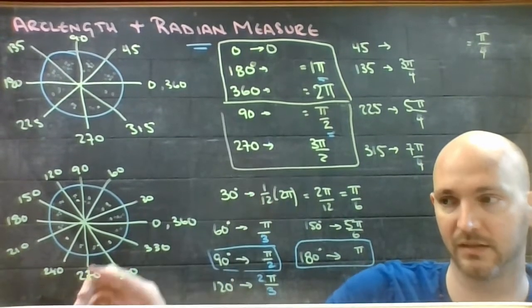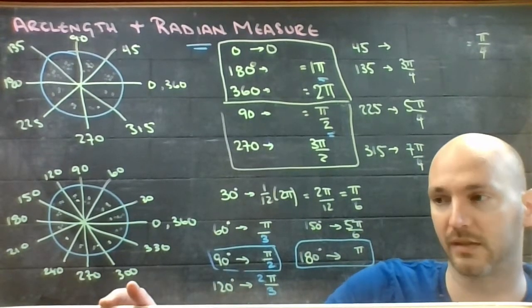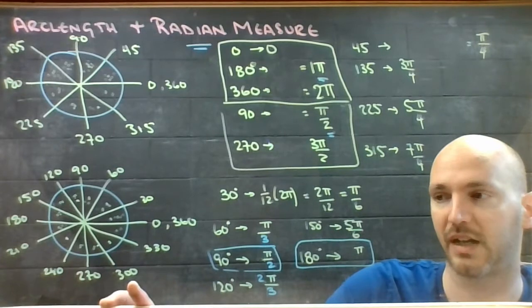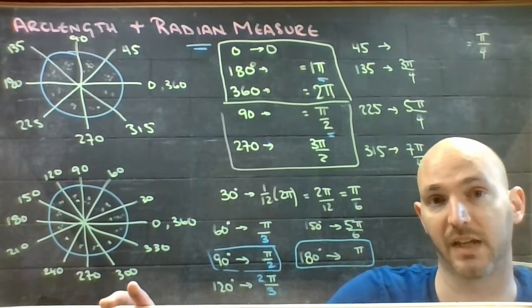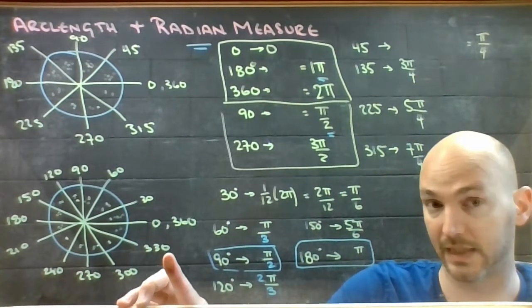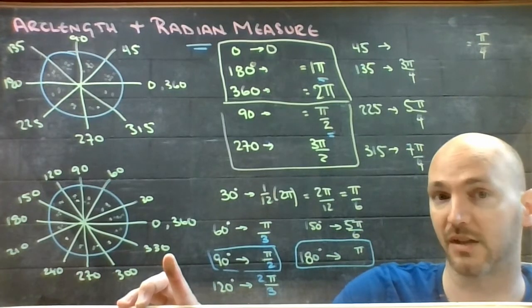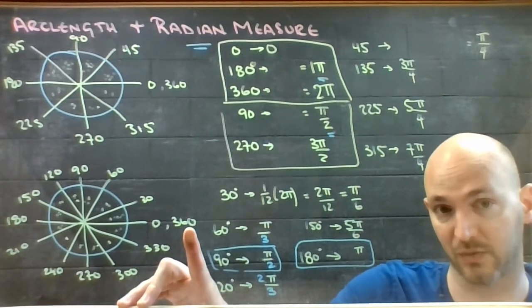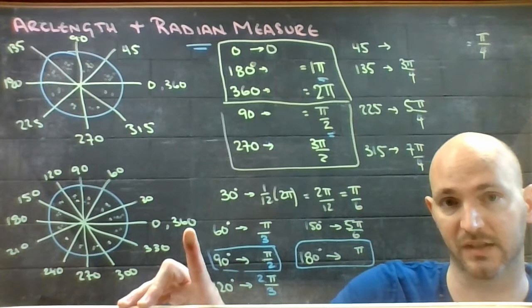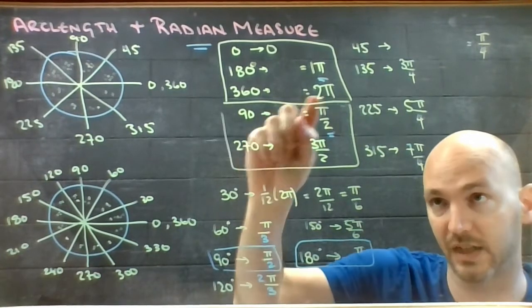That's what we had there. This is 10/6 of pi, which reduces to 5 pi over 3. This is 11 pi over 6, which does not reduce. And this would be 12 pi over 6, which reduces to 2 pi, which again, we got back to.